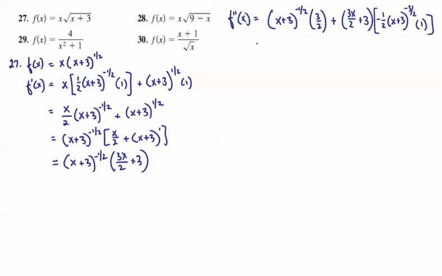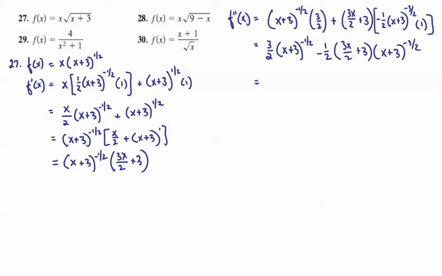So let's see what we get here. We now have 3/2 times (x plus 3) to the negative 1/2. Then we have plus, let's see, we're going to have 1 and minus, we'll bring out the negative 1/2, and we have 3x over 2 plus 3 times (x plus 3) to the negative 3/2.